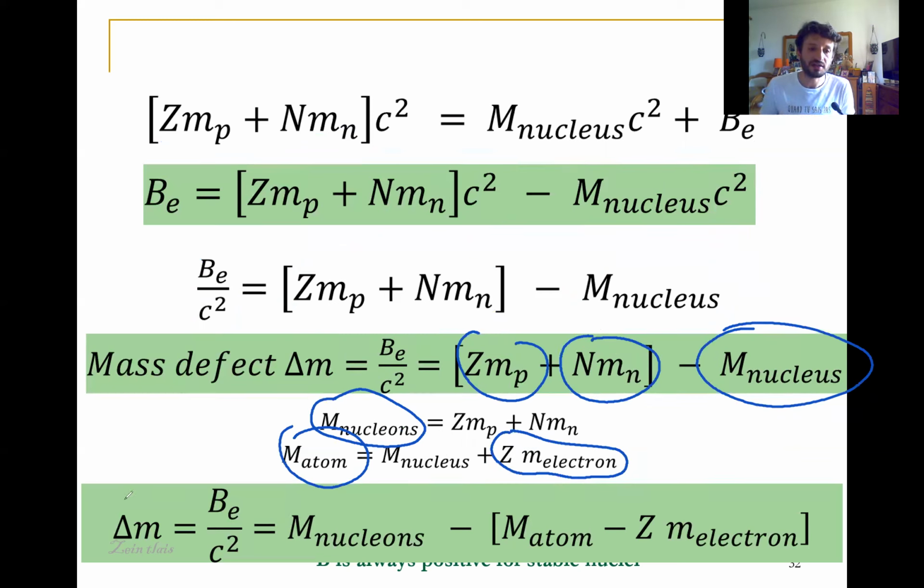So we get finally delta M equals the binding energy Be divided by c square equals the mass of nucleons minus the mass of the atom in general minus Z m electron. From this relation, we can calculate easily the value of delta M and the value of Be.